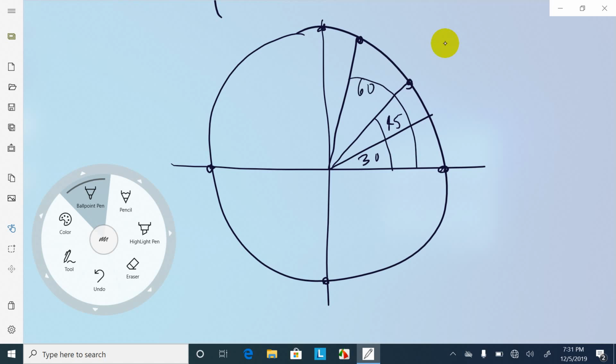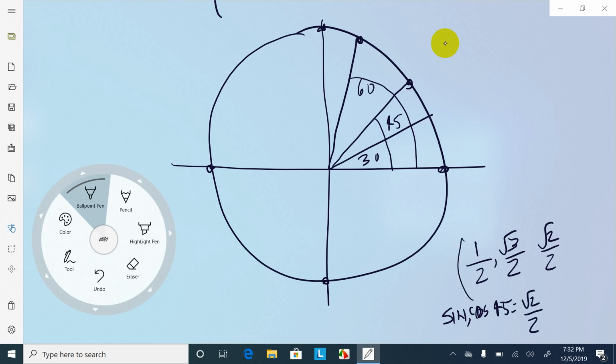You know that the sines and cosines are either going to be a half or radical 3 over 2, or radical 2 over 2. Now remember, the radical 2 over 2 is the sine or the cosine of 45 degrees. They're both the same, right? The sine and the cosine of 45 degrees are radical 2 over 2. Now, this other one, we know that radical 3 over 2 is bigger. Now, we look at this angle.